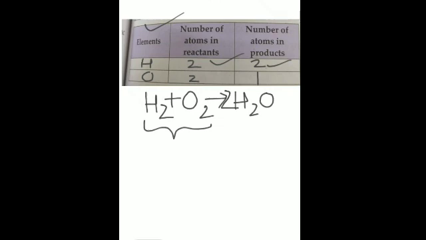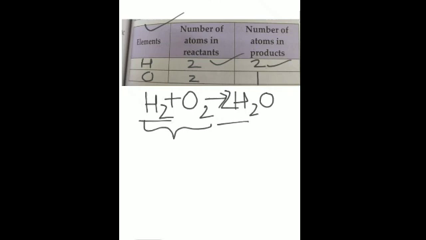Is that clear? Now we can see that we multiplied water by 2, and the number of oxygen atoms are balanced, but now the number of hydrogen atoms are not balanced. You can see here it becomes 4, and here still it is 2.